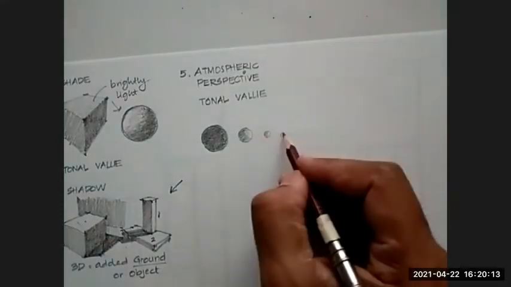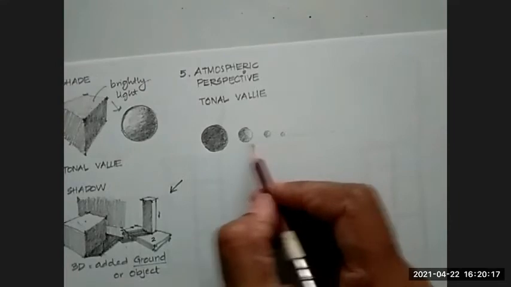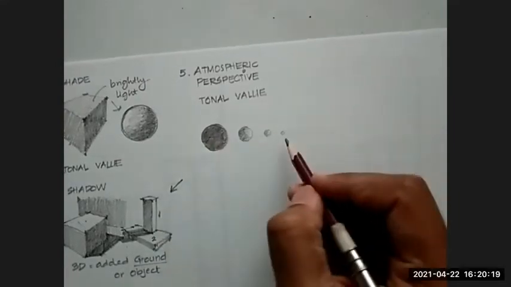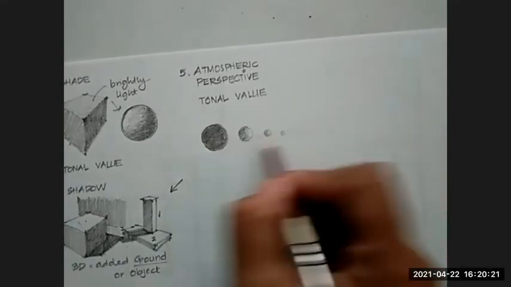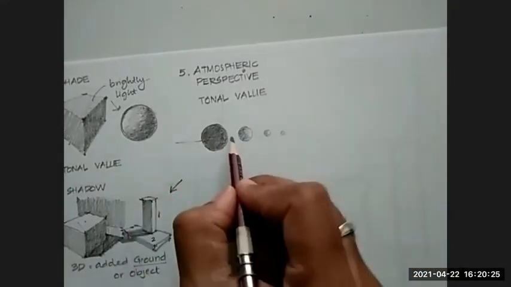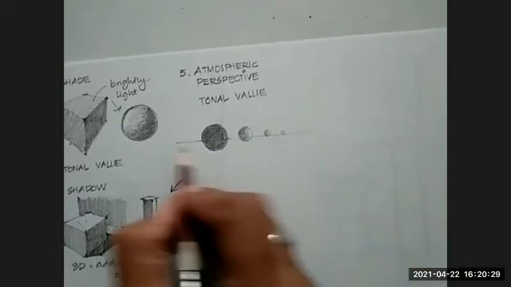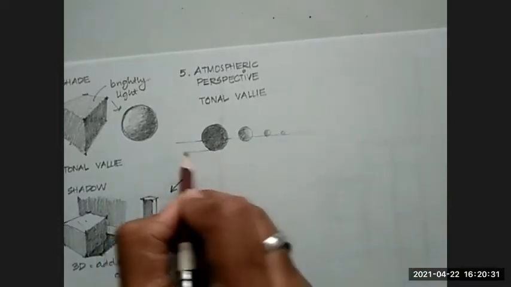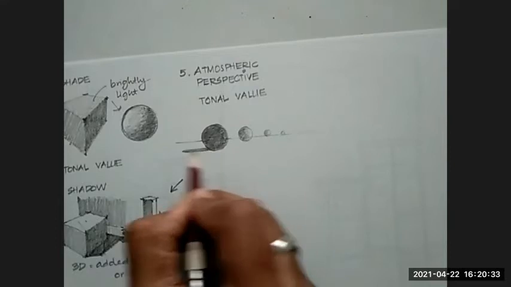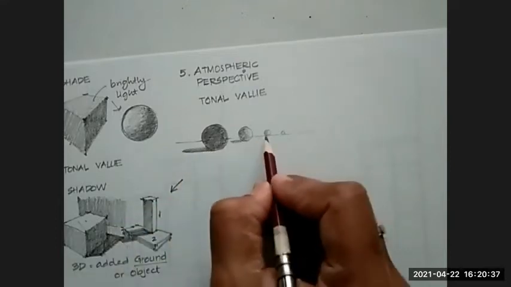Now you can see clearly that the object, due to the size, is looking far away and there is atmosphere which has come in. Let me just draw the horizon line for you, and we will also do the shadow. So simply shadow, you can do it like that.